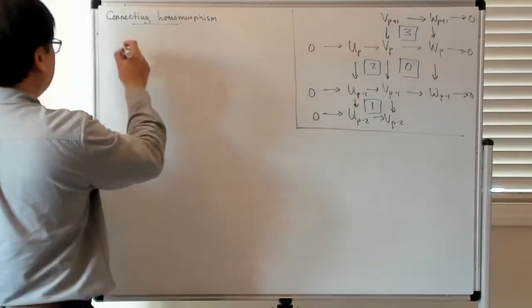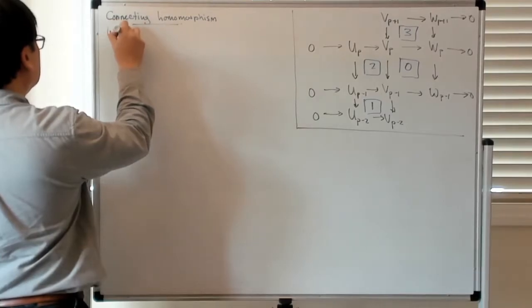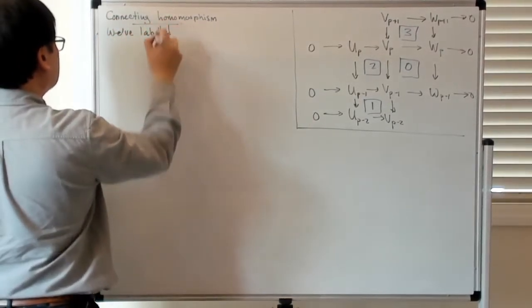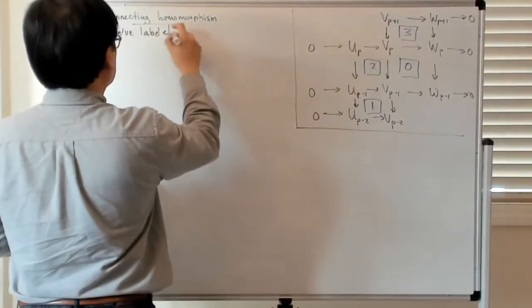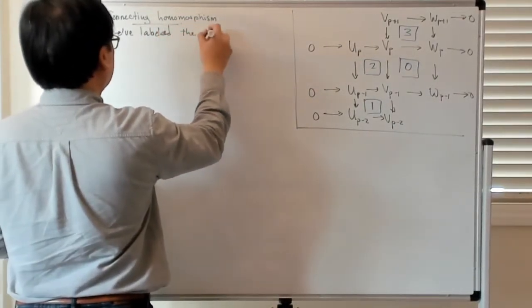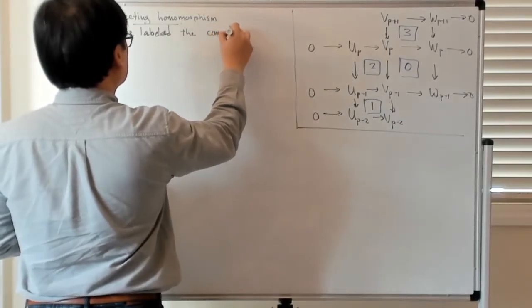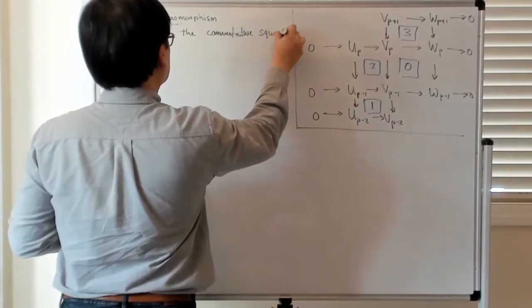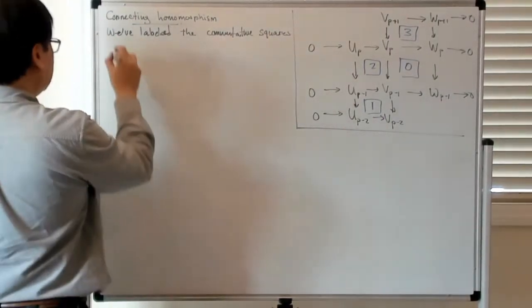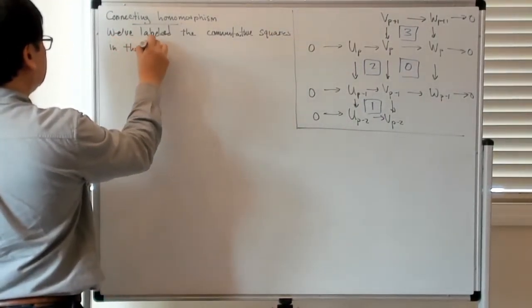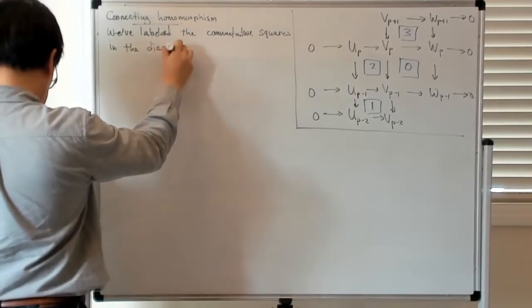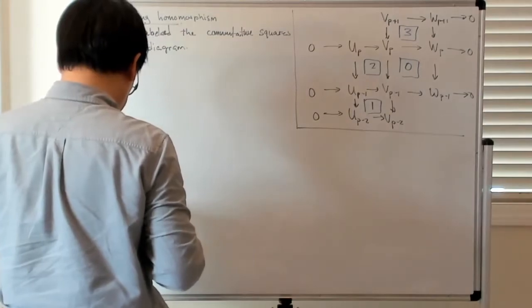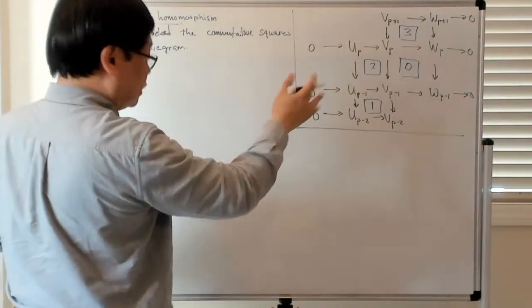So we've labeled the commutative blocks in the diagram, because we're going to refer to them.